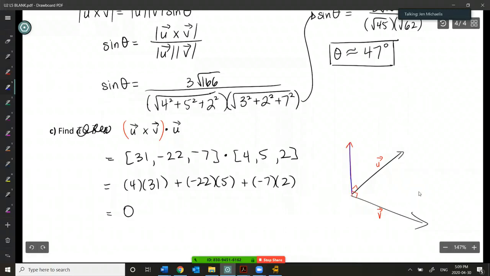Now, if I dot two perpendicular vectors, what did we say is the dot product of two perpendicular vectors? Well, the dot of two perpendicular vectors is actually 0. So from u cross v, I get a vector that's orthogonal or perpendicular to both u and v. And then if I dot it with u or even v, I should expect to get a dot product of 0 if I have done the cross product correctly, because I found a vector that's orthogonal to u.